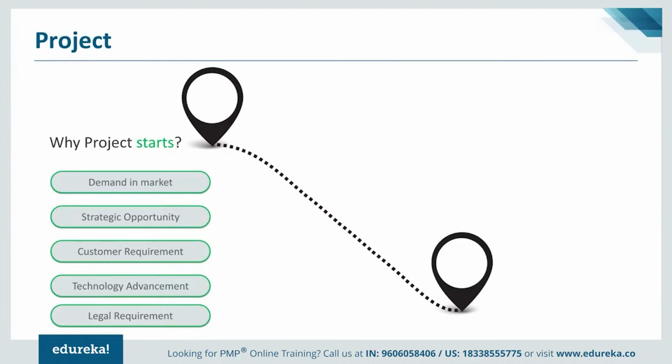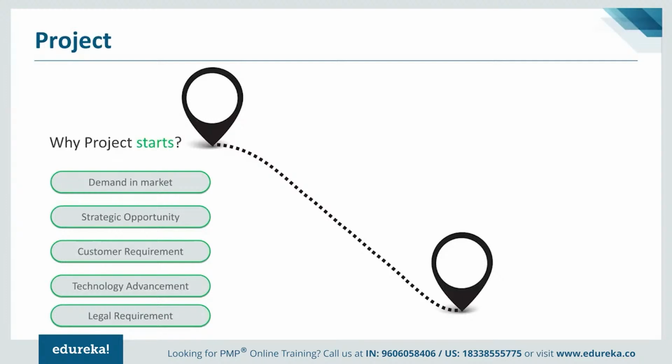One reason could be demand in market. As I gave you the example of the market research project, it could be decided to analyze the demand in a particular market. And once you analyze the demand in a particular market, then you would launch a product. So the example that I was quoting was basically a market research project that was undertaken for a pharmaceutical company so that they can launch a pharmaceutical product into that market.